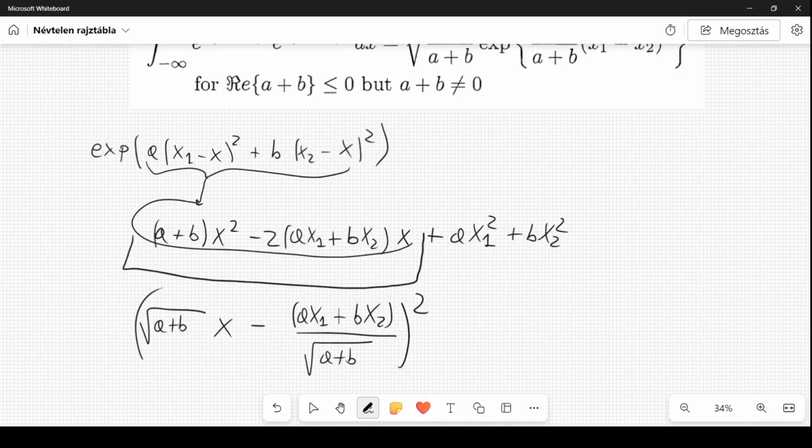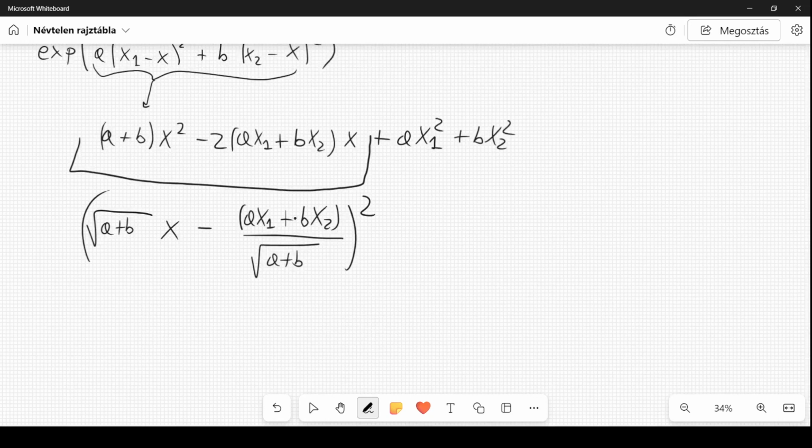but in order to retrieve the previous expression, we have to add something here that does not depend on x. So when you square this expression, the first term squared will be this one. Then when you consider the mixed product, so you have twice this term multiplied by this, you get this term here.